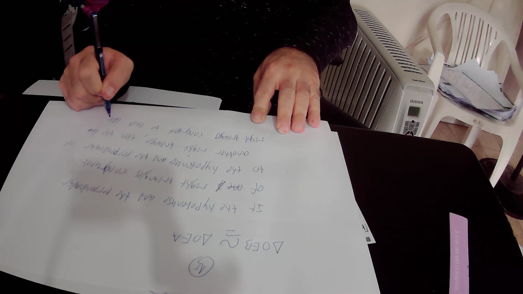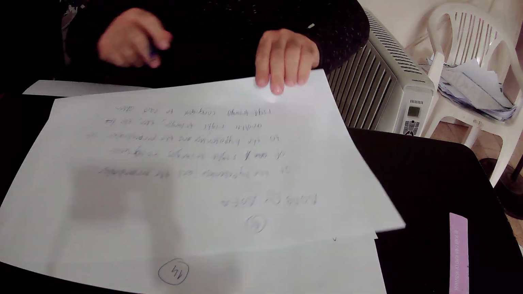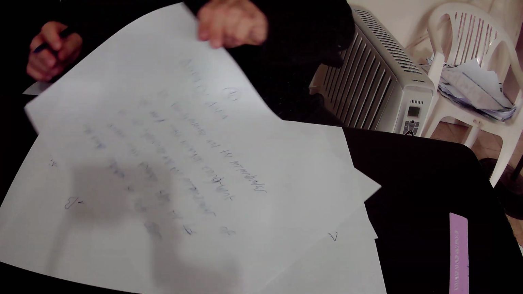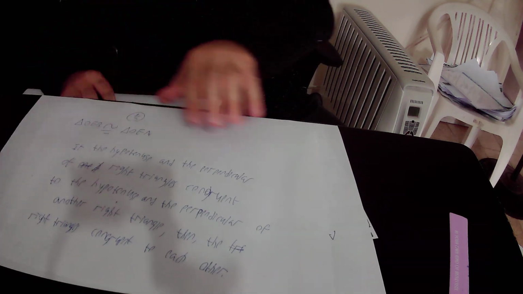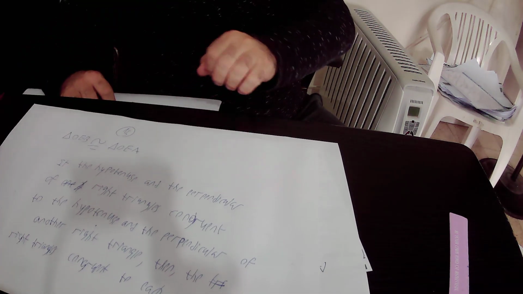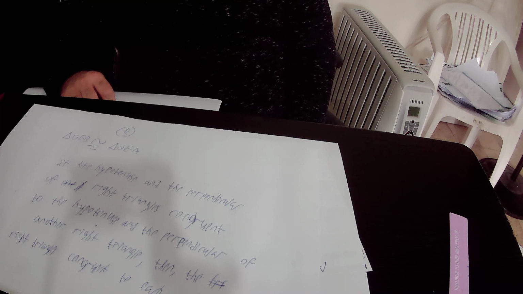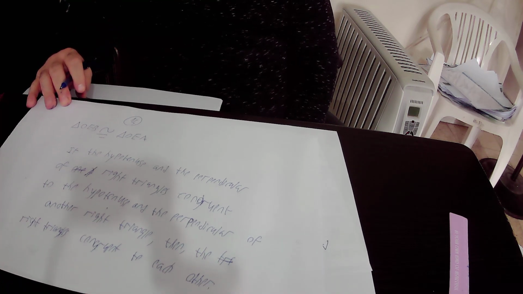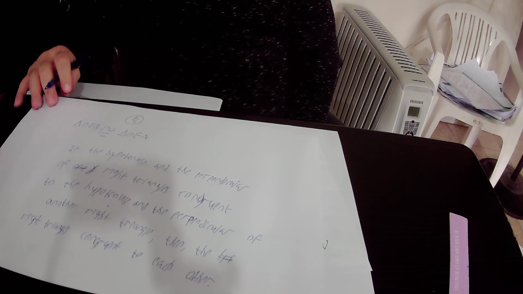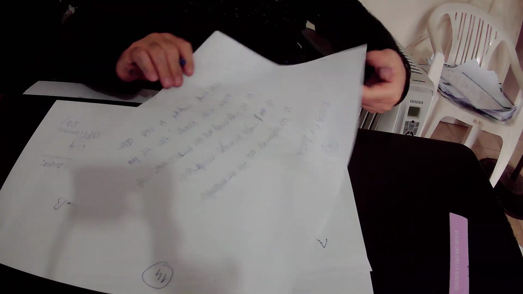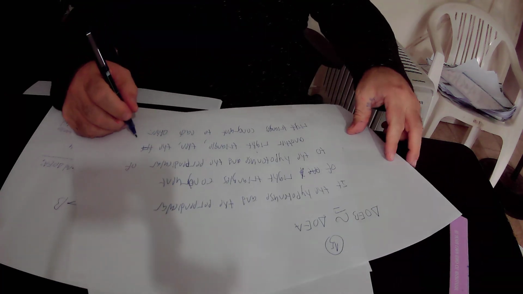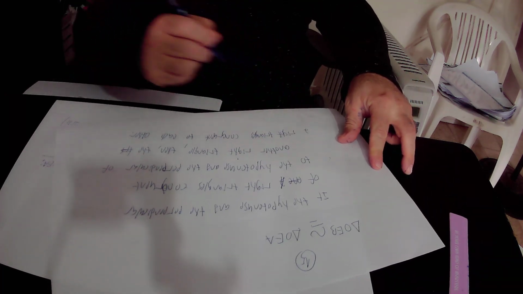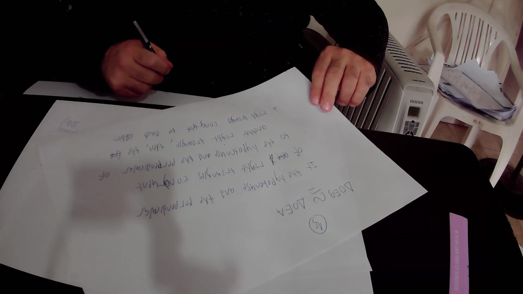So I repeat the rule again. If the hypotenuse and the perpendicular of one right triangle are congruent to the hypotenuse and the perpendicular of another right triangle, then the two right triangles are congruent to each other.